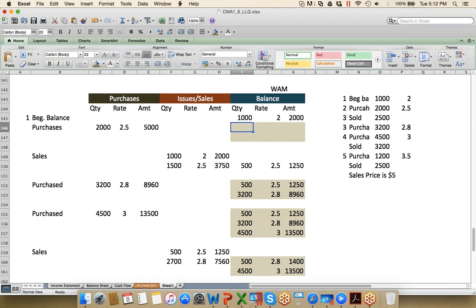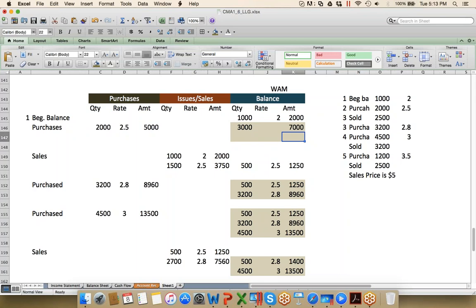We had a quantity of 1000 units before this purchase was made. Now I have 1000 units previous balance plus 2000 units, 3000 units total. Likewise, this is the value of the goods just now we purchased, 5,000 plus this is the value of the goods beginning balance, 2,000, so 7,000.